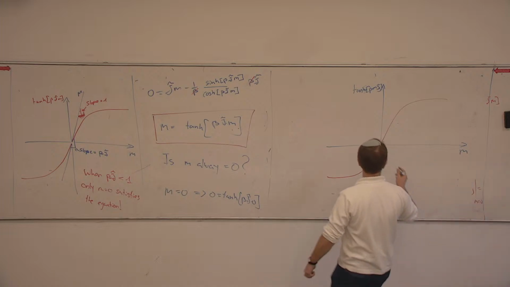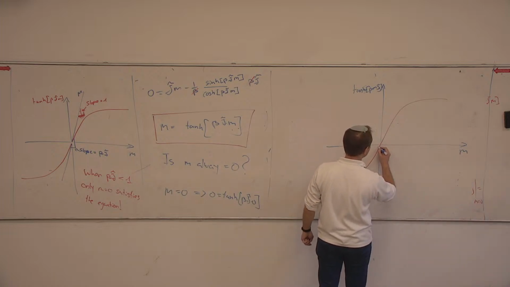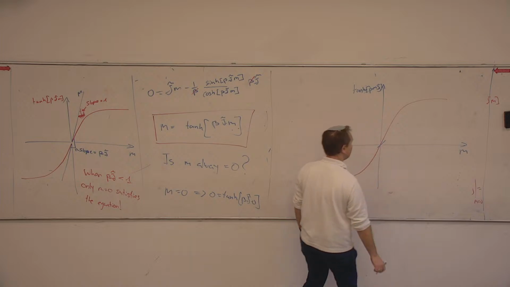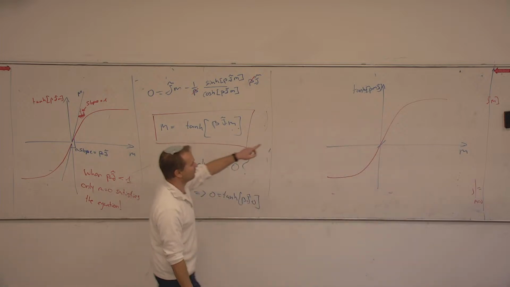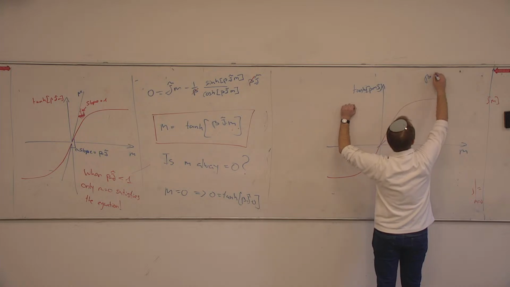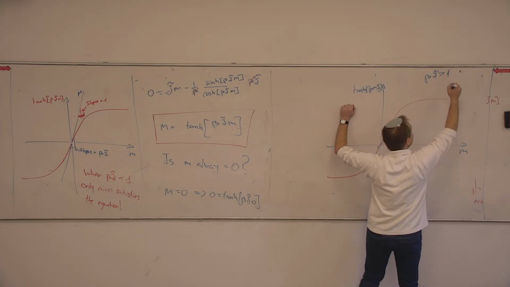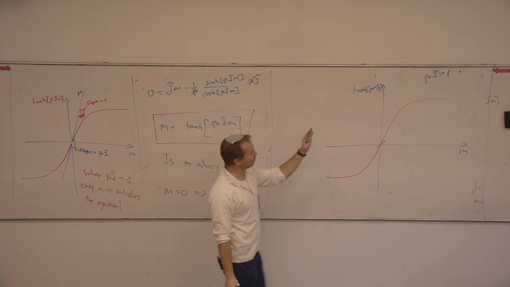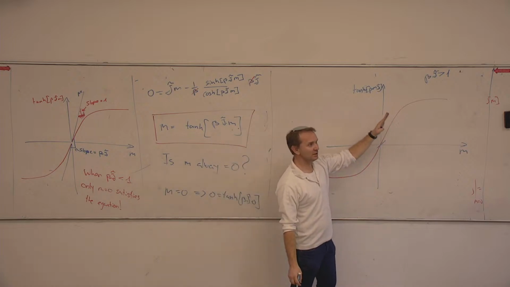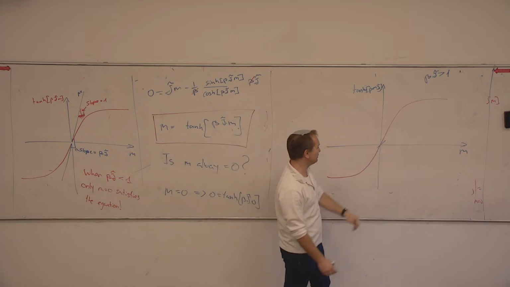And when we plot our straight line, we know that here beta j is larger than 1. So therefore the slope of the red curve is larger than the slope of the blue curve.